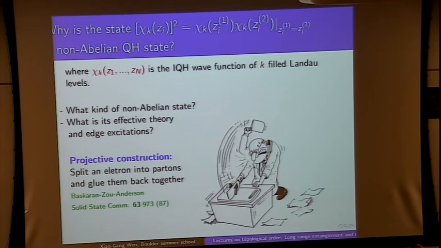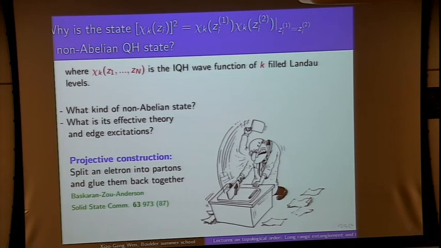Then we glue the two partons together to get back to the electron, which means we do the projection. We say z_i1 and z_i2 are always equal, so we glue them back. We cut them in half, have two integer quantum Hall states, then glue them back by making the projection. So we use this parton way to view this wave function.